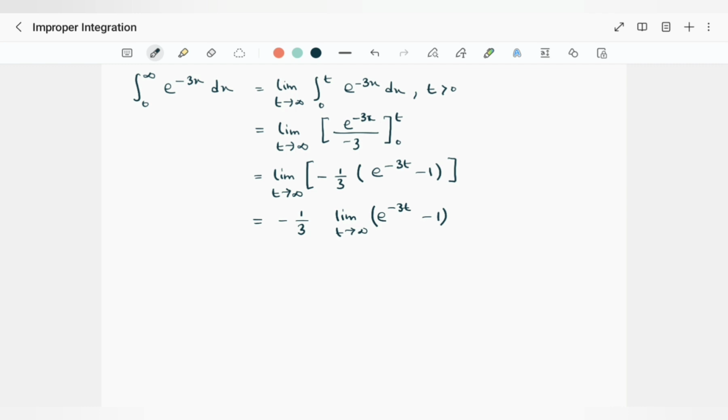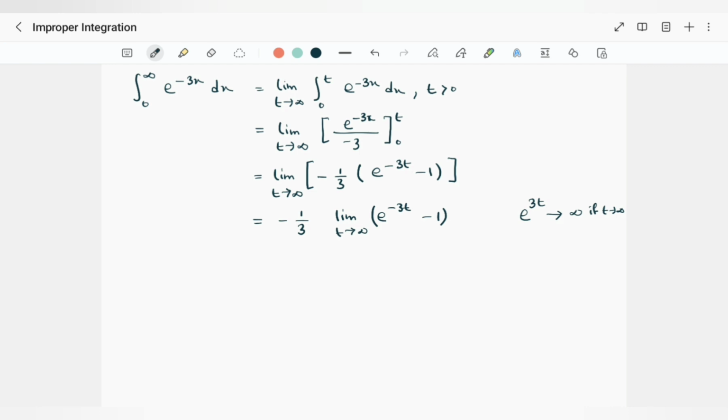What is the value of limit t tends to infinity e to the power minus 3t? Basically e to the power 3t tends to infinity if t tends to infinity, right? Because the nature of the exponential function is that if the power tends to infinity, then it goes to infinity also.